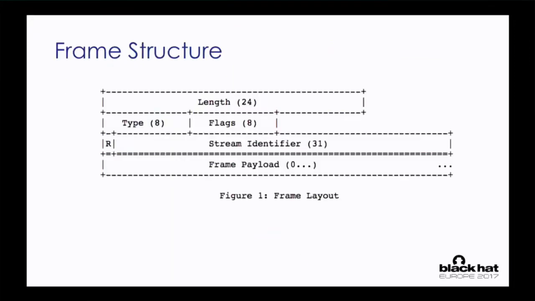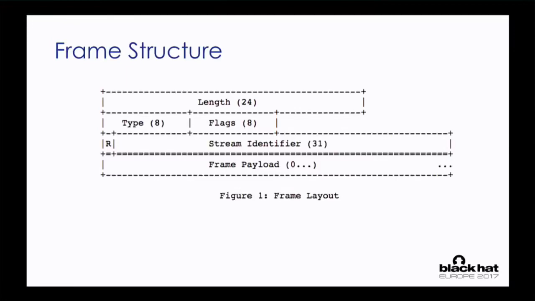So I've mentioned that HTTP2 is a binary protocol, and that means that everything is getting packed into a binary structure. And this is the layout of a frame according to the RFC. The frame payload might change, but the header of the frame is constant. You have the first 9 octets of a frame. The first 24 bits are an unsigned integer that denotes the length of the payload.